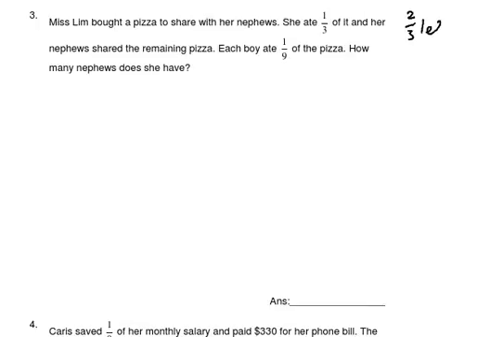And that means this 2/3 is shared among the nephews, right? Correct or wrong? Now, do we know how many nephews there are? No, we don't, right? But we know that each of the nephews ate 1/9. Yes or no? Yes.